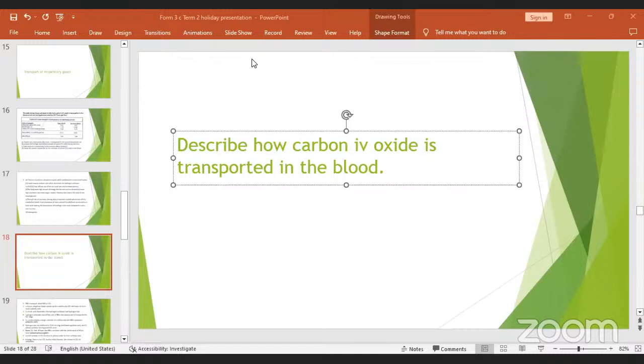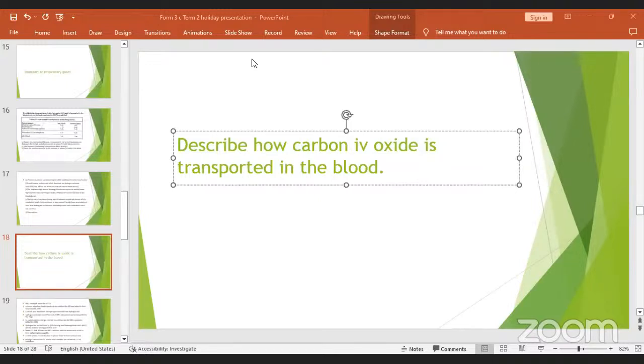Now, these hydrogen carbonate ions quickly diffuse out of the red blood cells to the plasma, where they are carried to the lungs. Hydrogen ions bind with hemoglobin in the red blood cells to form hemoglobinic acid.